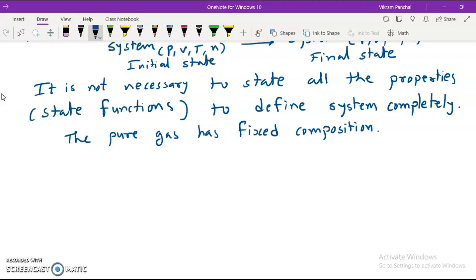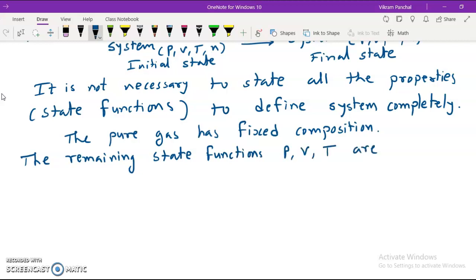So the remaining state functions, which are pressure, volume, temperature, are interrelated.